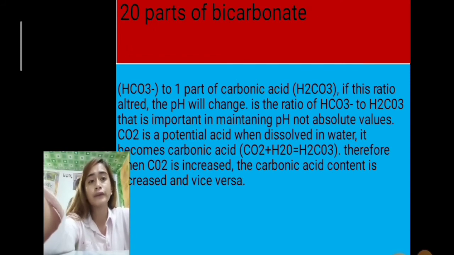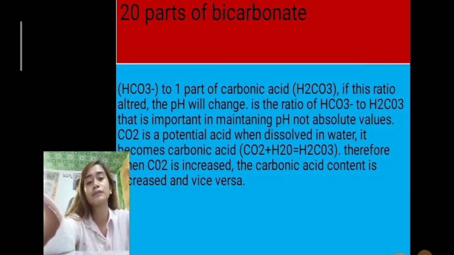The normal ratio is 20 parts of bicarbonate, HCO3, to 1 part of carbonic acid, H2CO3. It is the ratio of HCO3 to H2CO3 that is important in maintaining pH, not the absolute value.